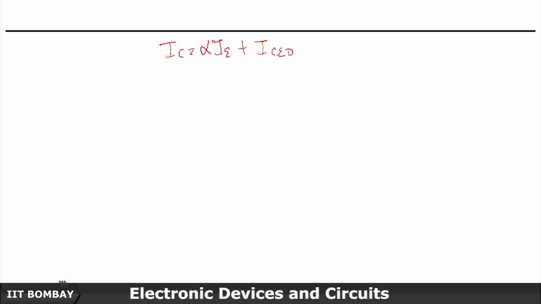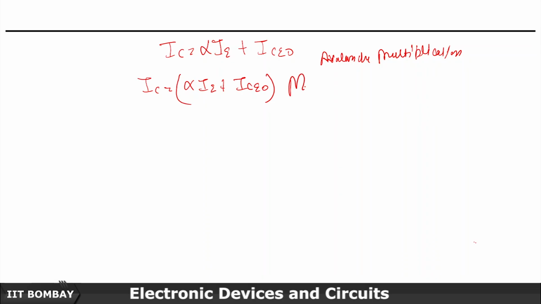This is what we have discussed. Now what will happen because of this avalanche multiplication is that the current will increase dramatically. So it can be written as alpha IE plus ICEO, multiplied by a factor of M. And what is M?